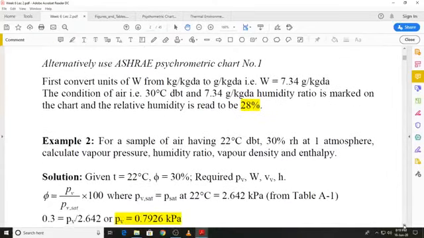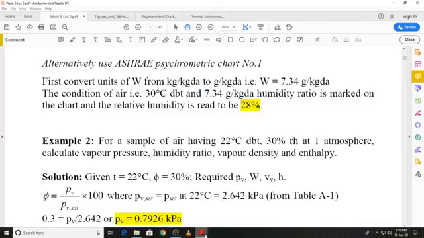And when we move on to the psychrometric chart, do remember that the humidity ratio on ASHRAE psychrometric chart number 1 has units of grams per kilogram dry air. So we need to convert the given humidity ratio from kilogram per kilogram dry air. You just multiply it by 1000. That comes out to be 7.34 grams per kilogram dry air.